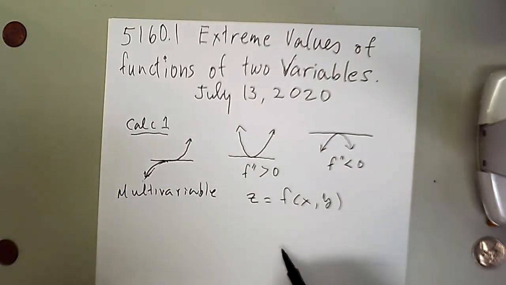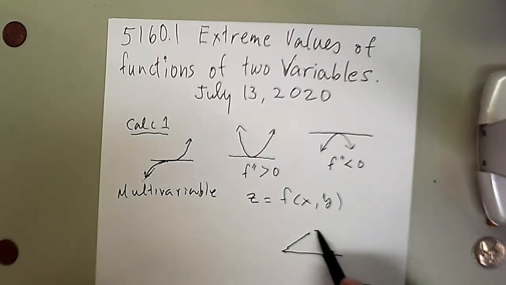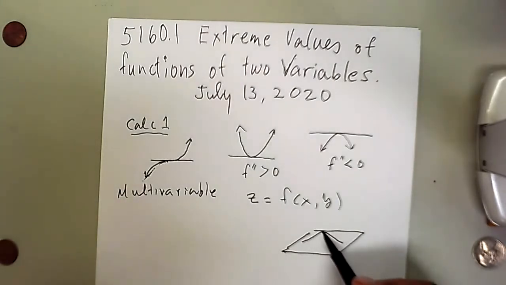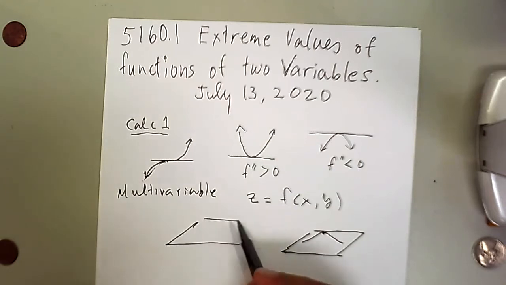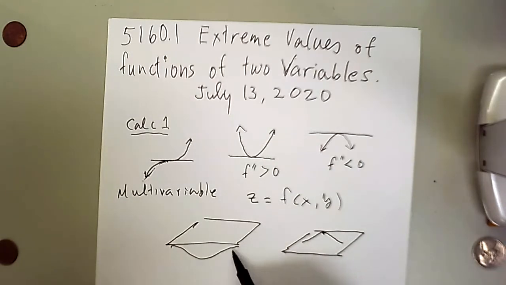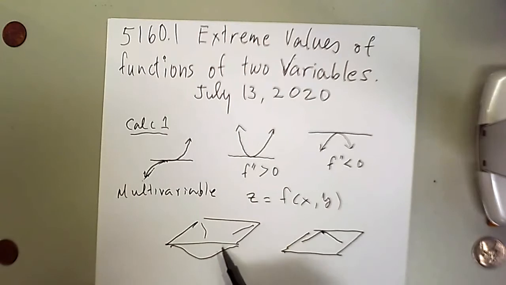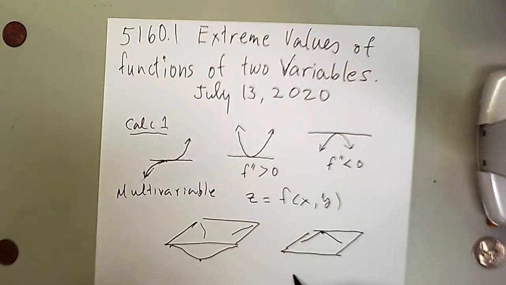And we could have perhaps this kind of situation where we have a mountain, and then that would be the maximum. Or we could have going down, and that would be a minimum. Or we could have neither one.